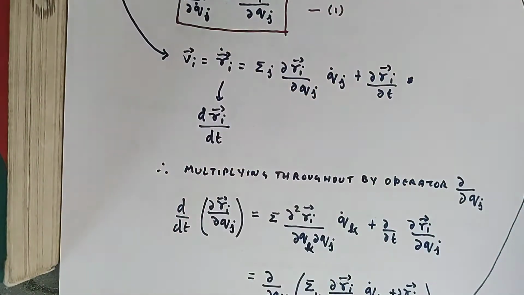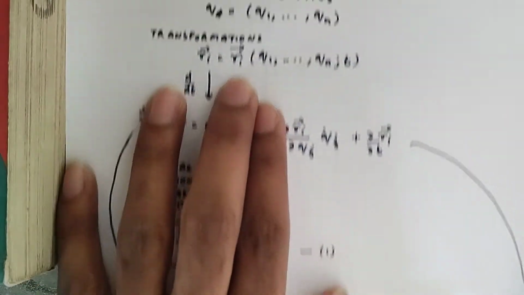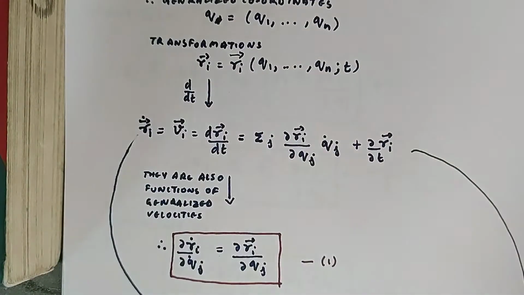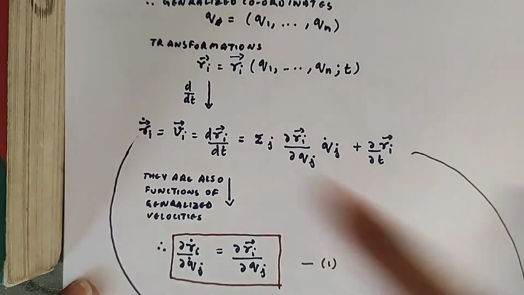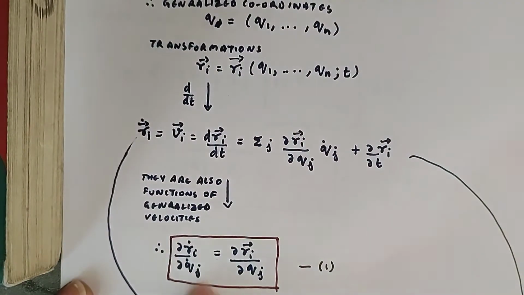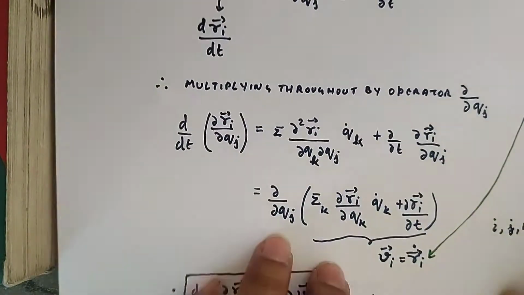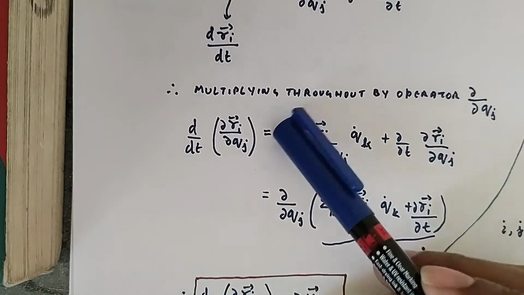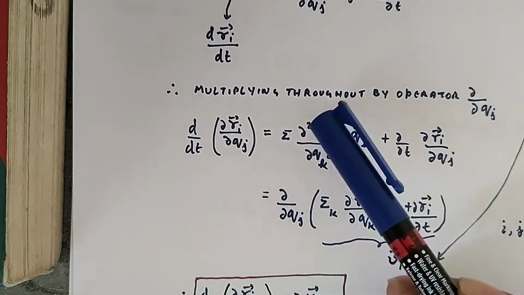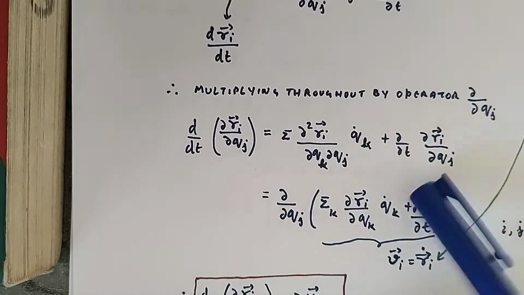The partial derivative comes into picture only when a particular vector is a function of two or more variables. In this case, it's two variables and possibly more by generalized velocities. So we take that into account. It's simple algebra. So we multiply throughout by this operator, we get this particular equation.